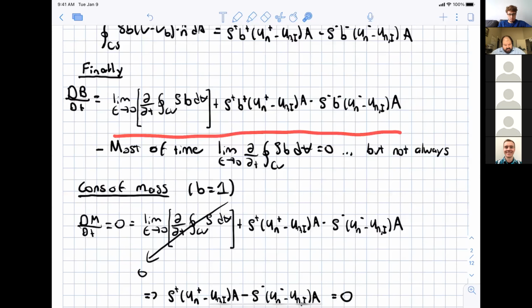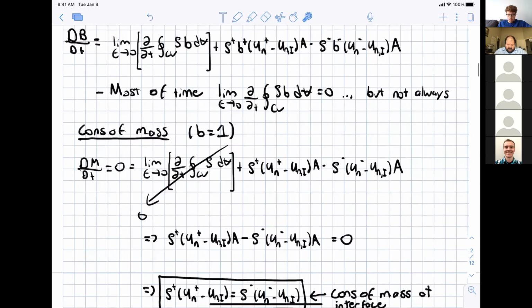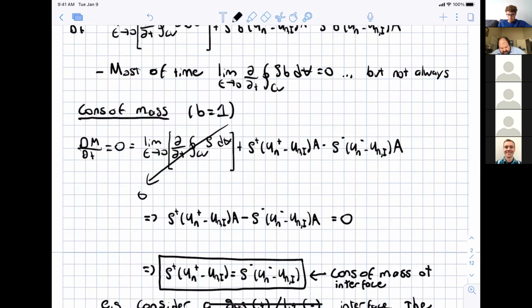Okay, so now, like we did before, we start applying this RTT to the various conservation principles. And so we'll start with conservation of mass. With conservation of mass, recall that in the RTT, B is equal to 1.